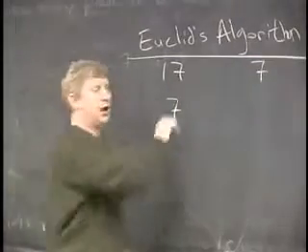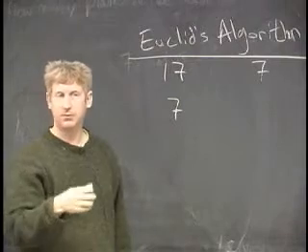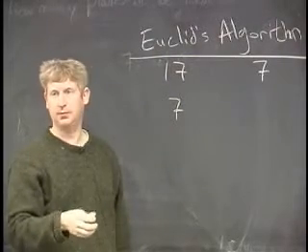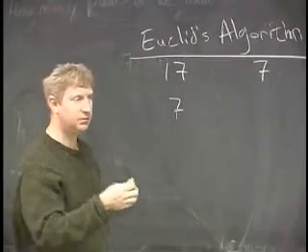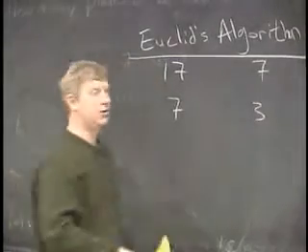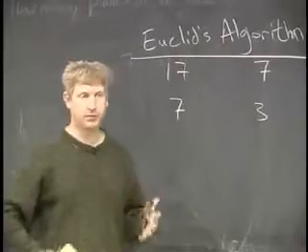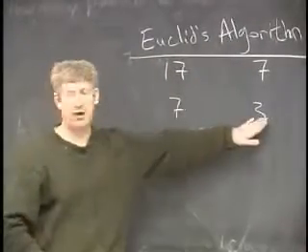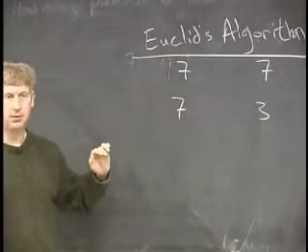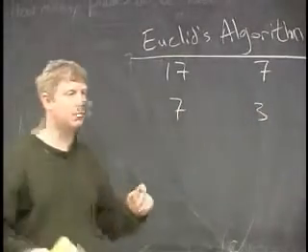Divide the smaller into the larger, and take the remainder for the smaller number of your new pair. So 7 into 17 would give you a remainder of 3. Euclid says, and he proves, that the greatest common divisor of these two is equal to the greatest common divisor of these two. Right? We're not going to prove it for a couple of reasons.